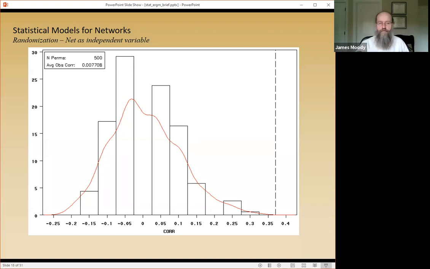So for something like homophily, two nodes that are more like each other are more likely to be friends than two nodes that are not like each other. Then the general causal mechanism we think is driving that is probably something like comfort or familiarity or trust, that I'm fearful of people who are different from me, so I'm unlikely to form a relationship.